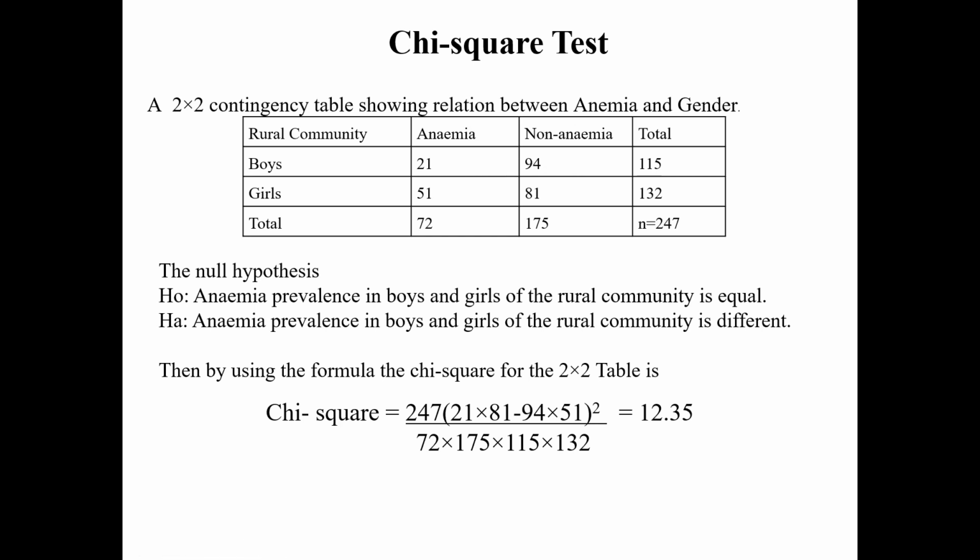So if it is a 2 by 2 contingency table, your degree of freedom is 1. At 1 degree of freedom, you find the corresponding chi-square value, compare it with the calculated chi-square value, and find out whether it is statistically significant or not.